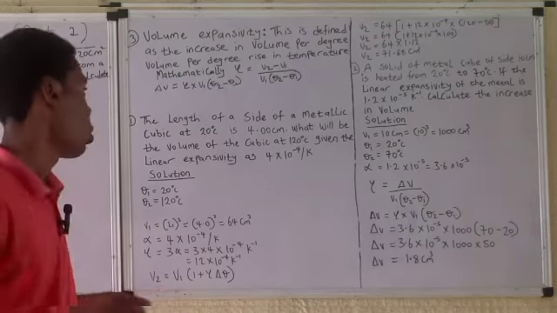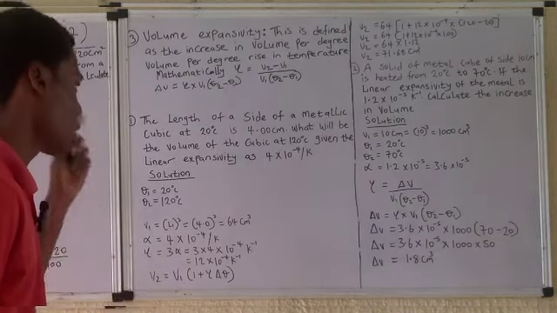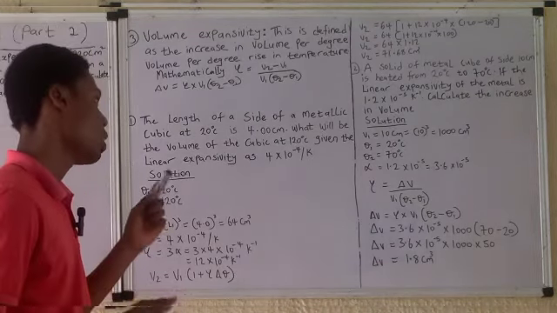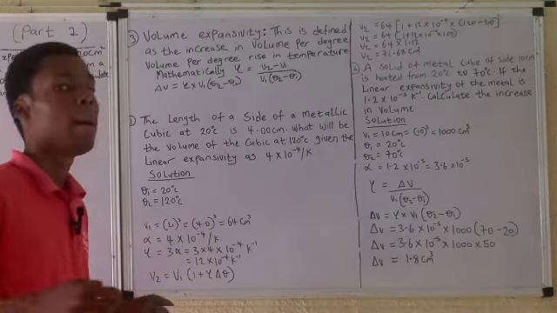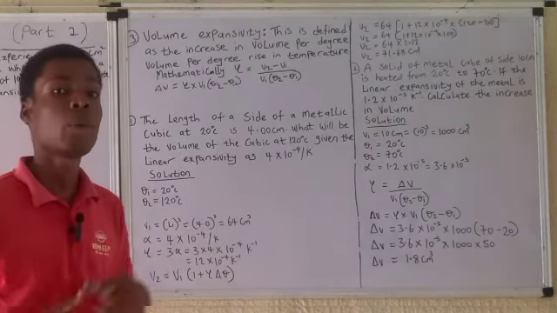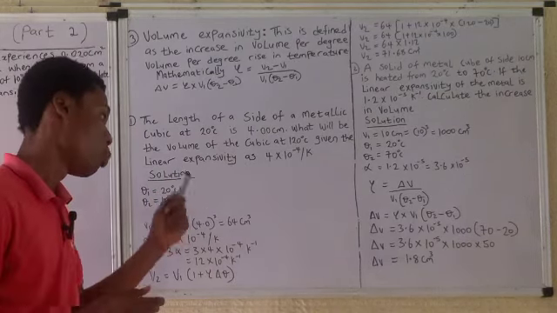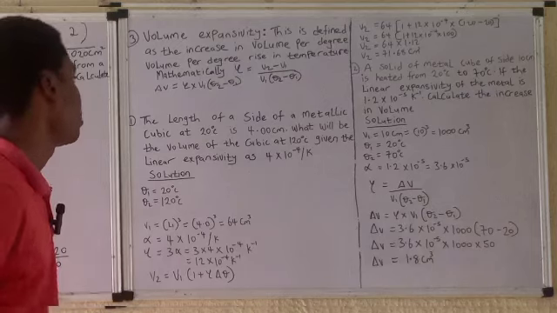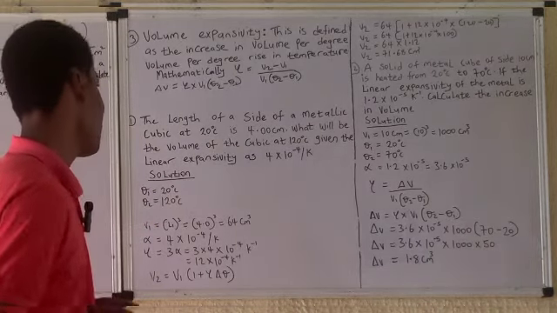Now, question number 1. The length of a side of a metallic cubic at 20 degrees Celsius is 4 centimeters. What will be the volume of the cubic at 120 degrees Celsius, given the linear expansivity as 4 times 10 raised to power minus 4? Remember I said anytime we are looking for the solution to any problem in expansivity, we have to figure out the parameters first. So let's look at our parameters from our question. The length of a side of a metallic cubic at 20 degrees Celsius.